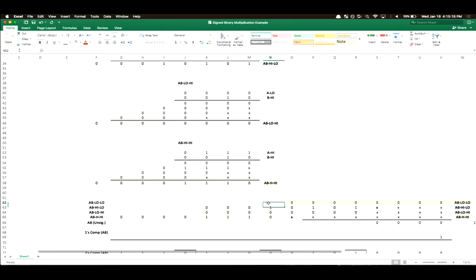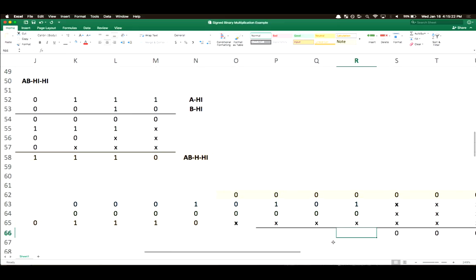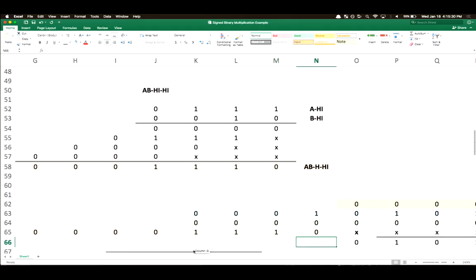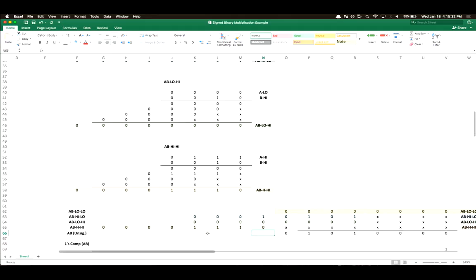So when you add it up together over here, you're going to get 1, 0, 1, 0, and then we're just going to be doing the same thing. All that white space that you see, we're just filling it with blanks.